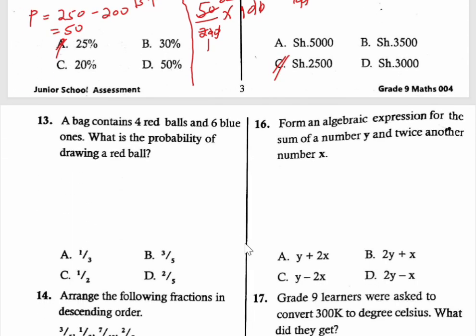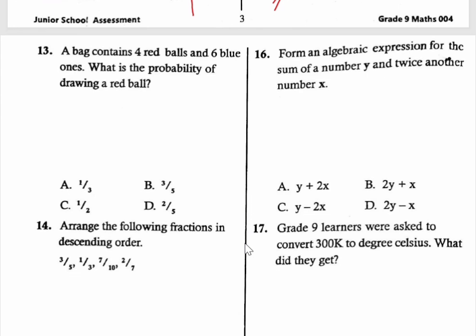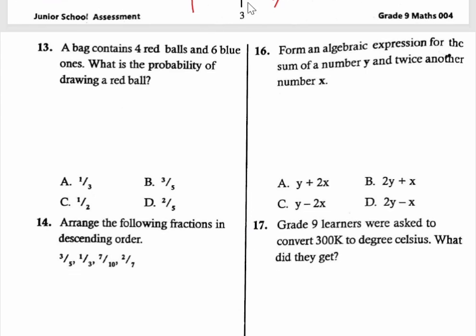Let's continue to question number 13. A bag contains 4 red balls and 6 blue ones. What is the probability of drawing a red ball? So here we have 4 red balls and 6 blue balls. The probability of picking an event A is the number of favorable outcomes divided by the number of possible outcomes.